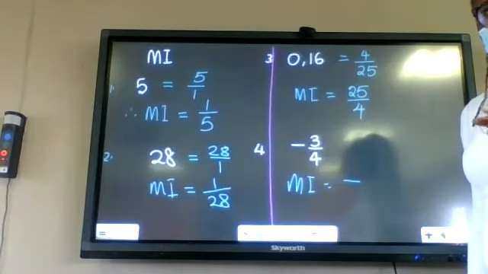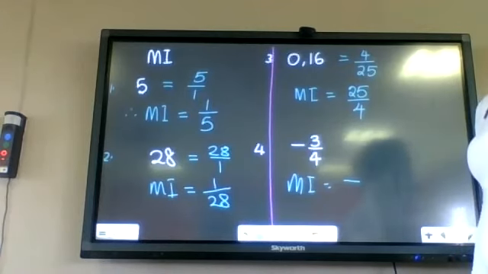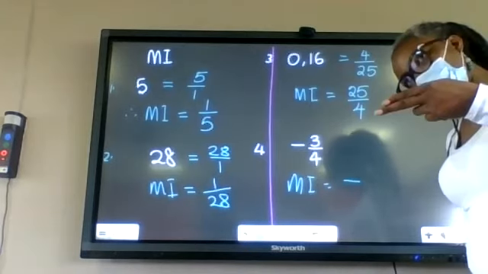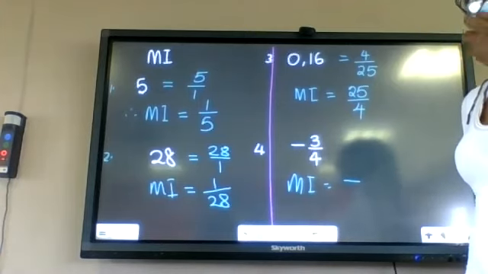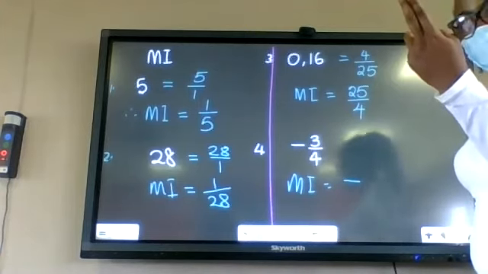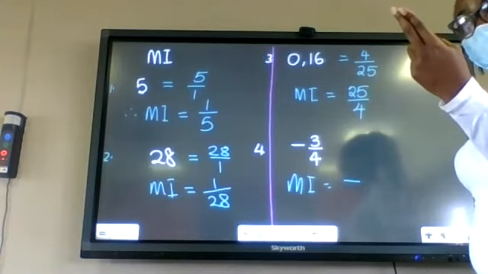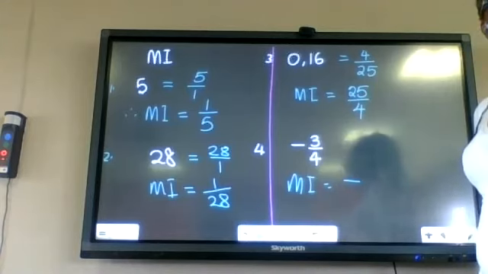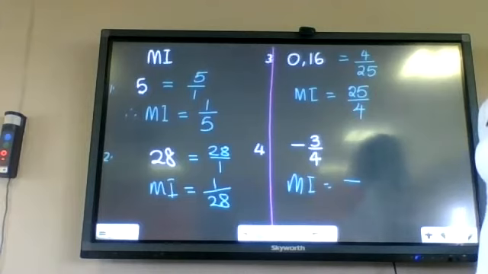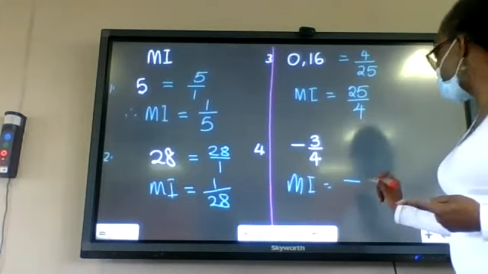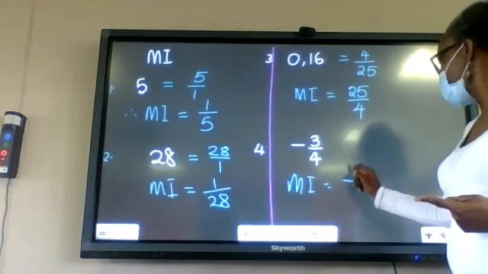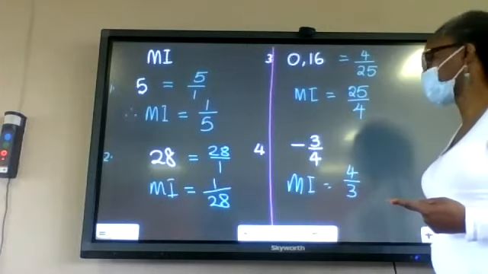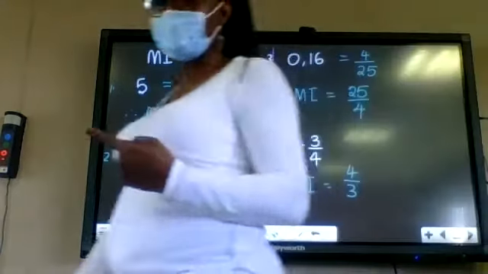The sign of your MI and your original number must be the same, so that when you multiply them, you will get positive 1. Remember, this is multiplicative inverse. So the multiplicative inverse will now be what? 4 over 3.